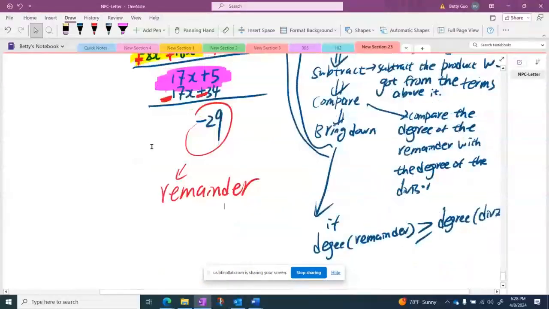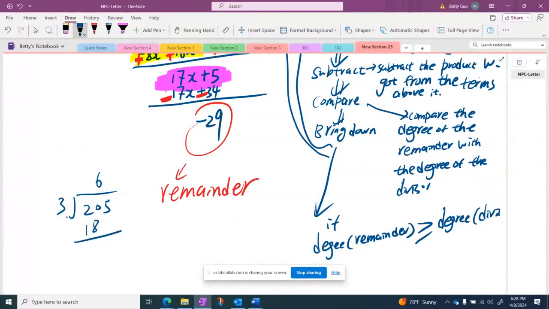Let me give you another example with numbers. We have 205 divided by 3. 3 does not go into 2, but 3 goes into 20, 6 times. 3 times 6 is 18. Subtract 18 from 20, we have 2. Bring down 5, and 3 goes into 25, 8 times, right?